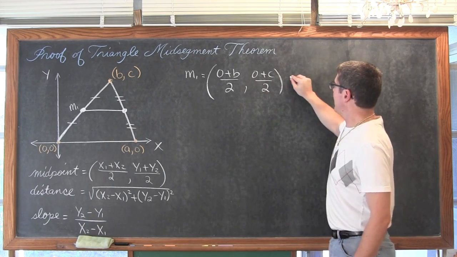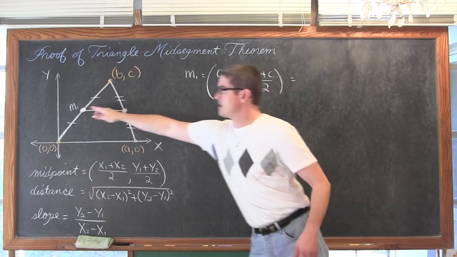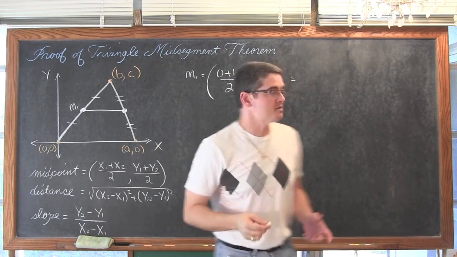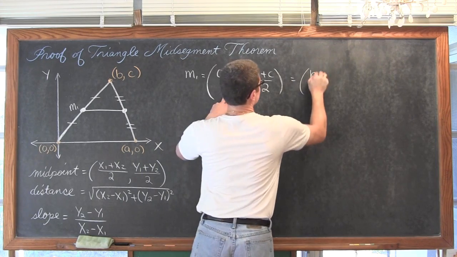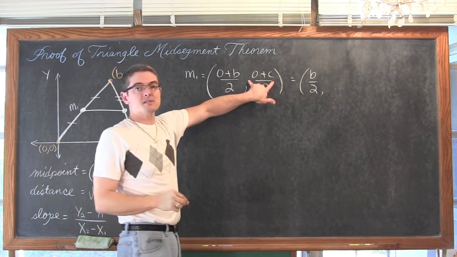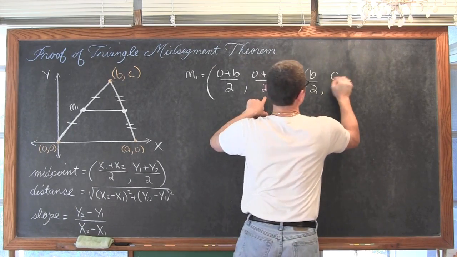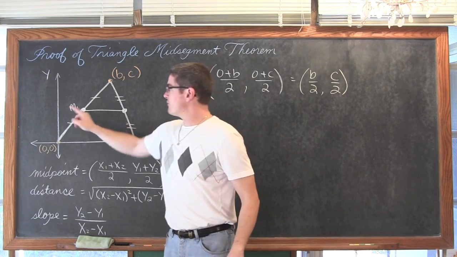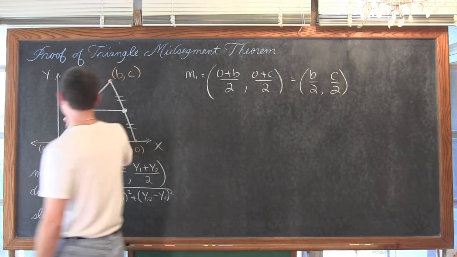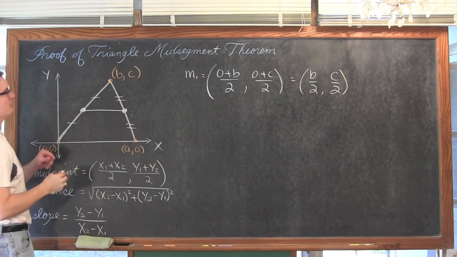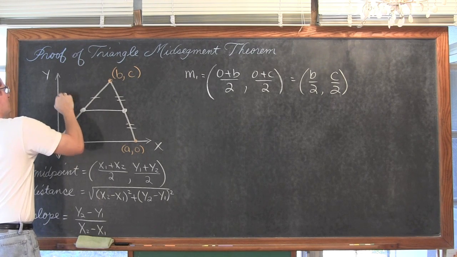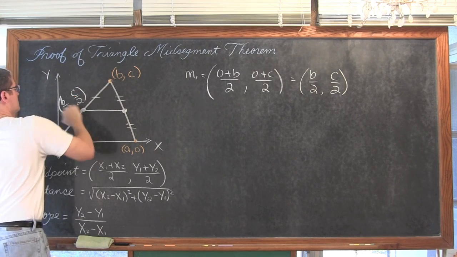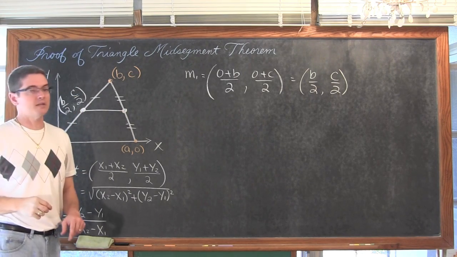And our midpoint over here on the left-hand side is going to be, well, 0 plus b is just going to be b, so we have b over 2, and 0 plus c is c, divided by 2. So this is going to be our midpoint for the left side of our triangle, so let's replace it with our midpoint of b over 2, c over 2.